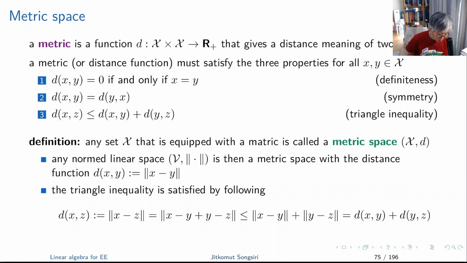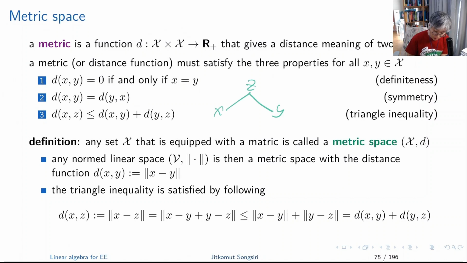Your concept of distance should be symmetric, right? It doesn't matter whether you measure from x to y or y to x, it should be equal. Third, triangle inequality. You have x, you have z, you have y.